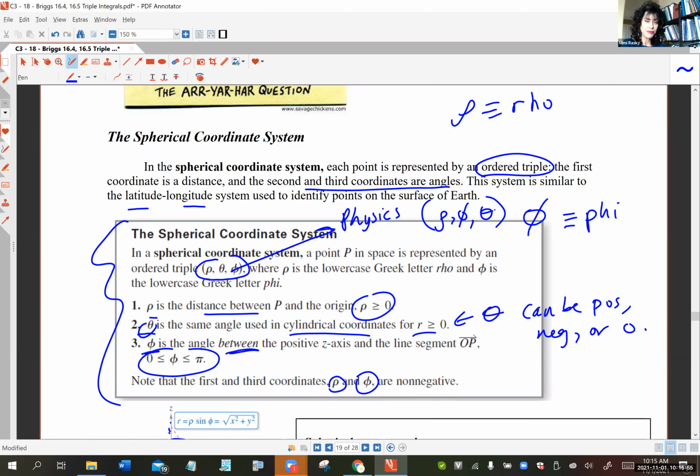So don't get flummoxed when you go to a physics class. Their phi is still the same phi that we're talking about, the angle between the point and the positive z-axis. And the theta is still the same theta. It's just that for some reason, when they give their ordered triple, they have it reversed. So I just want you to realize that.